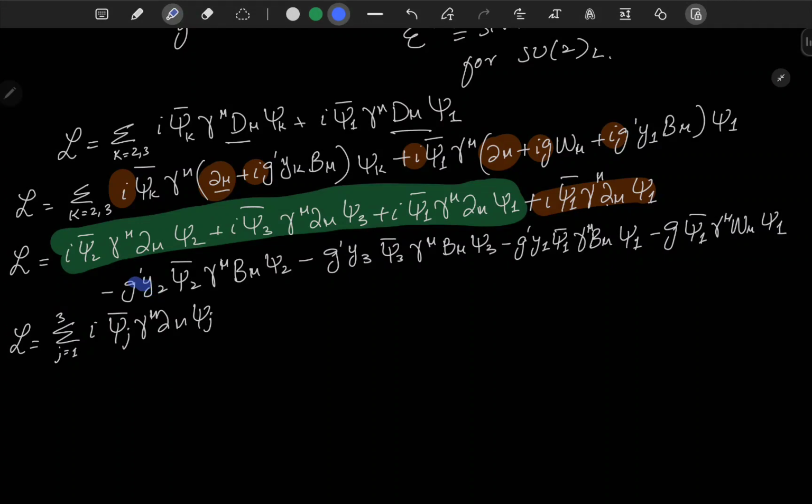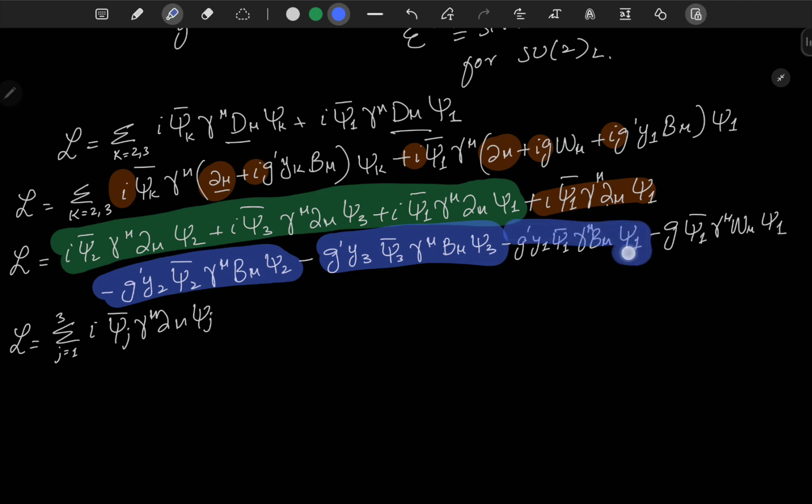For the g prime terms, this term, this term and this term, I can also compress them. Minus g prime will come out, and let's use a different index, l: y of l, psi of l bar, where l goes from 1, 2 and 3, gamma mu b mu psi of l.